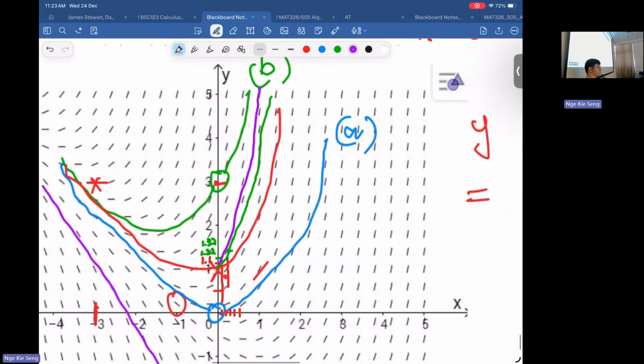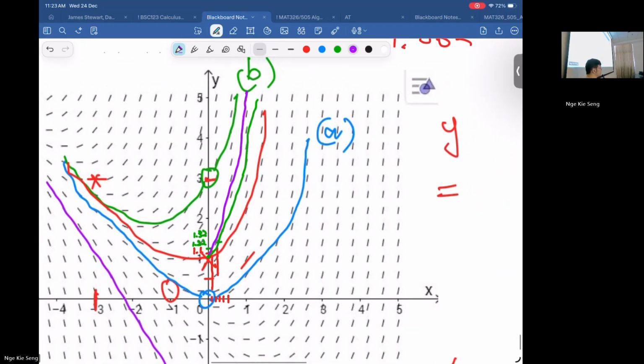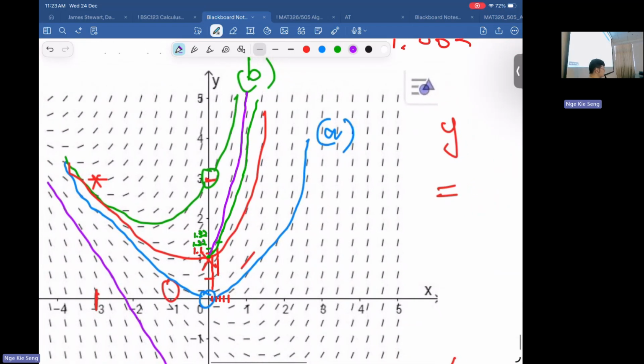Any question so far? Okay, but anyhow, it's still following the general pattern, which is correct. So we are going up and following the direction of the tangent. How precise we are depends on how small a step size you take in your Euler method. But the general pattern is correct.